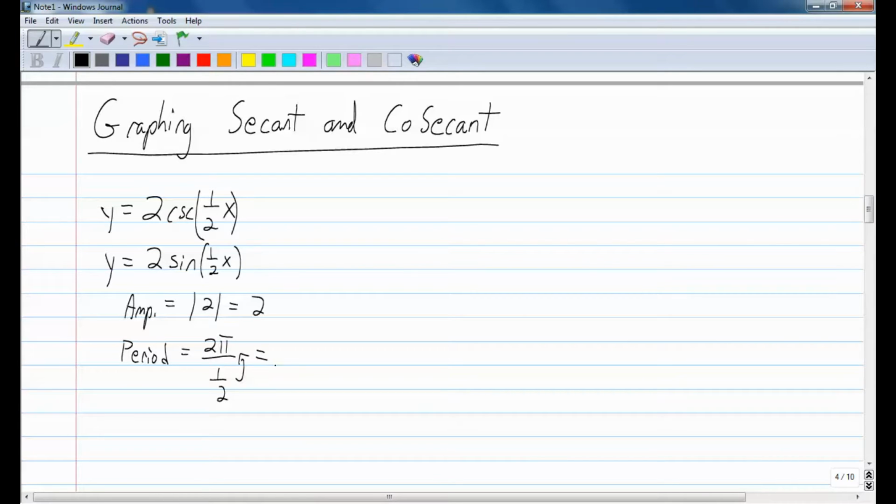Flip and multiply. Those don't cancel out. You'll have 2 times 2 pi, which is 4 pi. We want to draw at least one period of this graph. One period can be drawn between 0 and 4 pi.